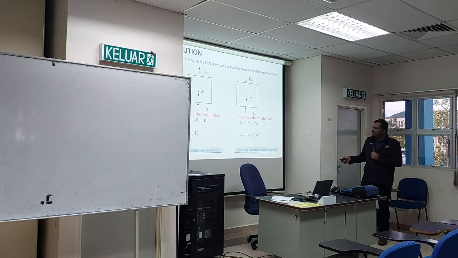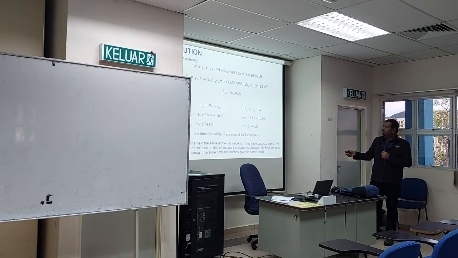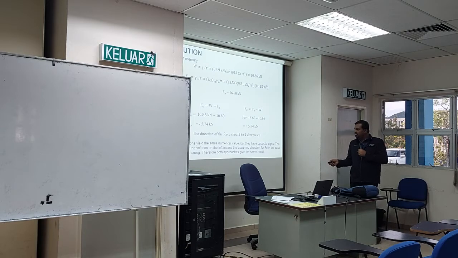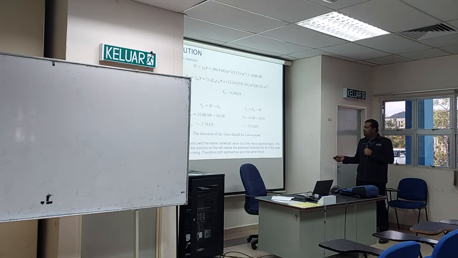So based on that you have two sets of equations. So Fe is needed to avoid the cube from sinking, and Fe is needed to avoid the cube from floating. So there are two situations. Then you do the calculation accordingly. Then on one side you get negative 5.74, and on the other side positive 5.74.